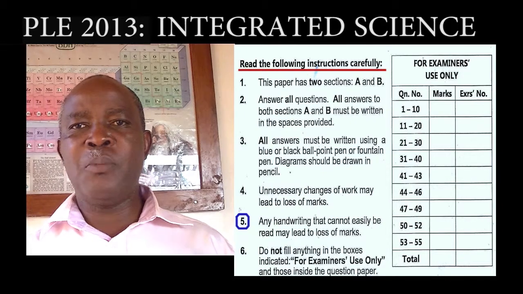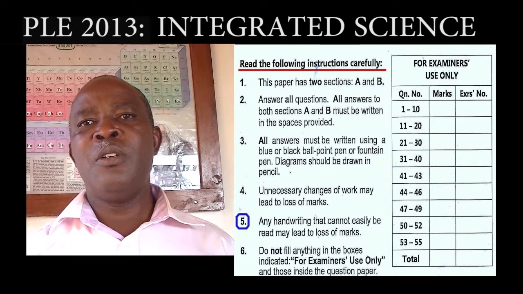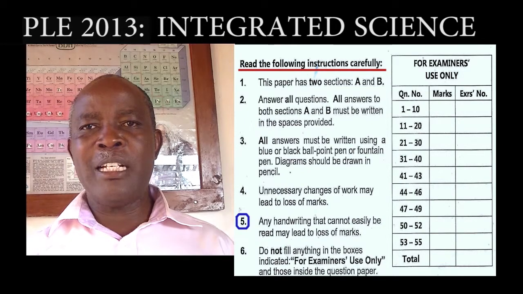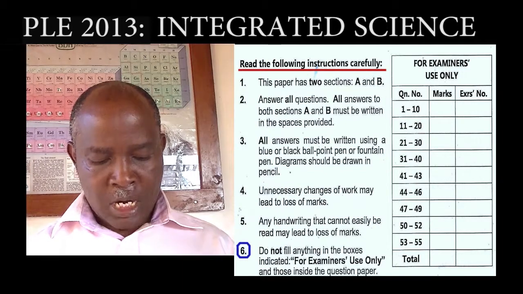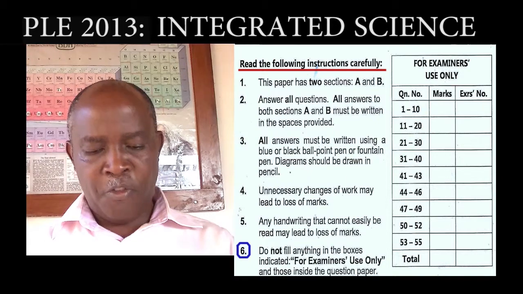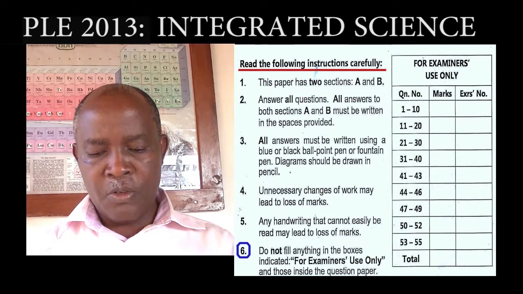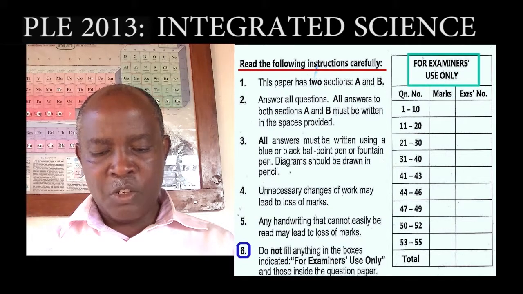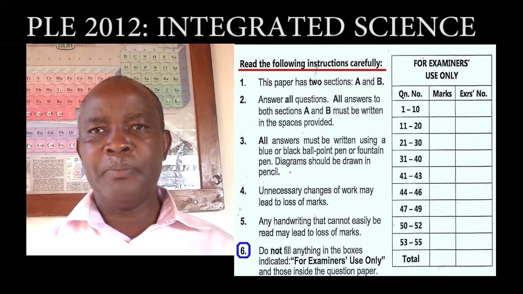You are advised to practice good handwriting. One way of getting good handwriting is by copying a person with good handwriting. Number 6. Do not fill anything in the boxes shown for examiners use only, and those inside the paper.